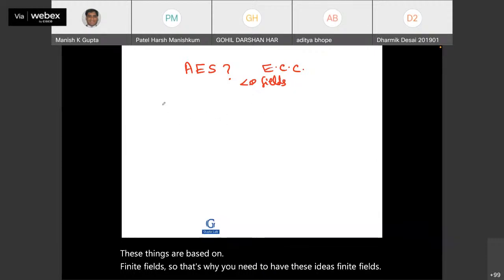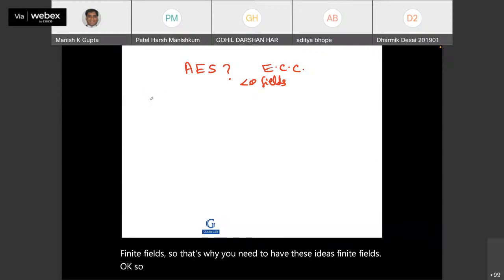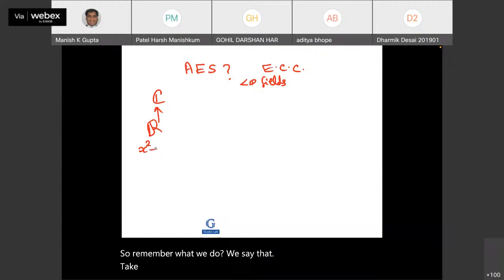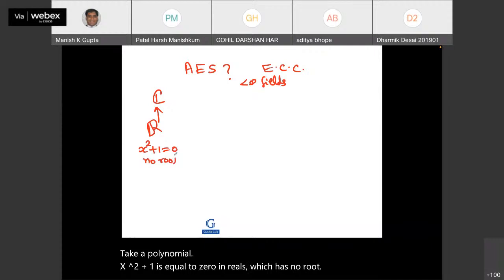Okay. So let me look at this construction. How do we construct complex numbers from reals? You remember what we do? We say that take a polynomial x squared plus 1 is equal to 0 in reals, which has no root. No root in reals, right?